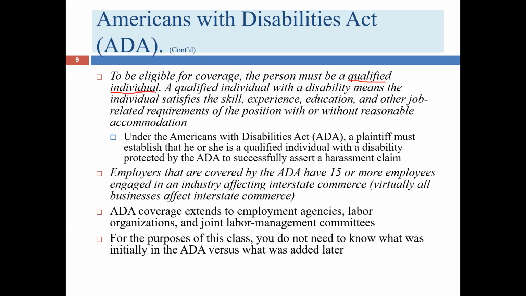So if I don't have a medical degree, I can apply, but I can't successfully advance a charge of discrimination because I wasn't hired to be a doctor, even though there was a doctor opening. The hospital hired a doctor, and that doctor perhaps wasn't disabled, but I won't have a successful claim under those circumstances because I wasn't qualified for the job.